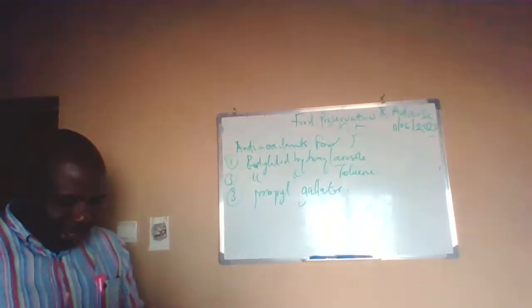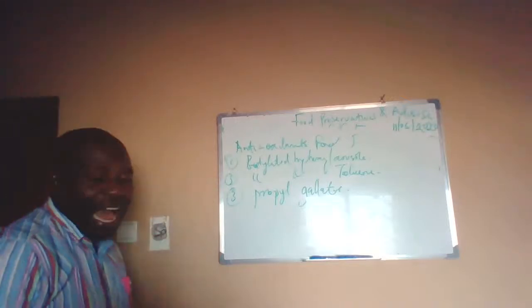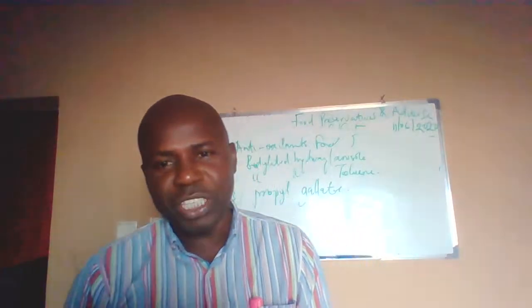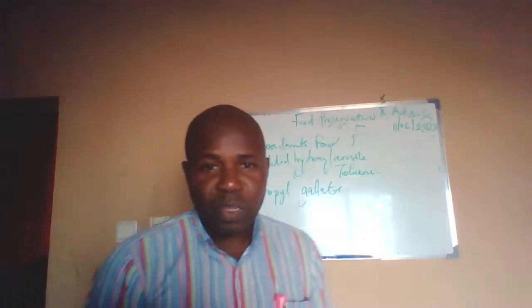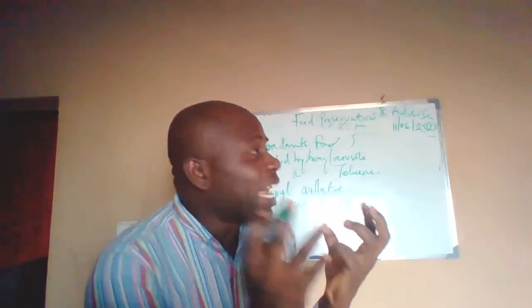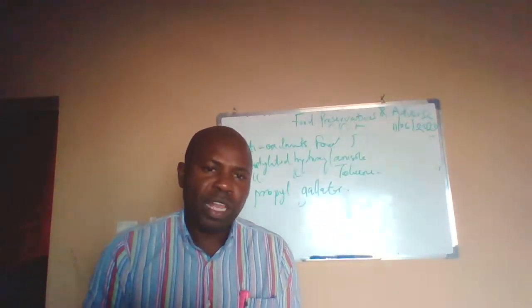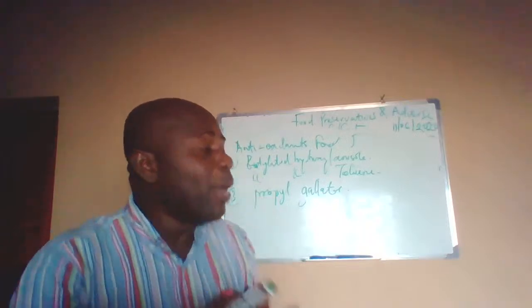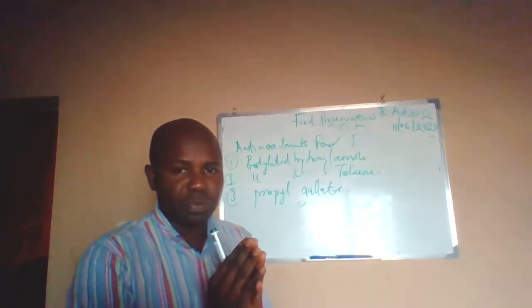These are the three major antioxidant food additives we have. They help to prevent the breaking down of fats and oils in food substances, and they also inhibit lipid peroxidation of fatty foods.